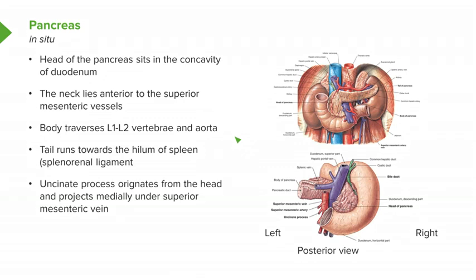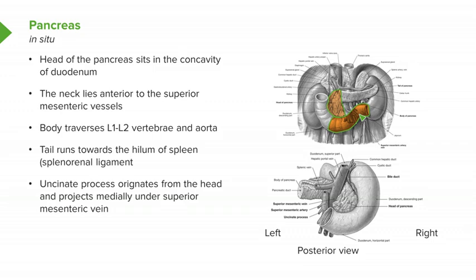We can actually see their intimate relationship really clearly. If we look here, we can see what's known as the uncinate process of the pancreas, and that is lying inferomedially running away from the head. We can see we have the horizontal and the ascending part of the duodenum.